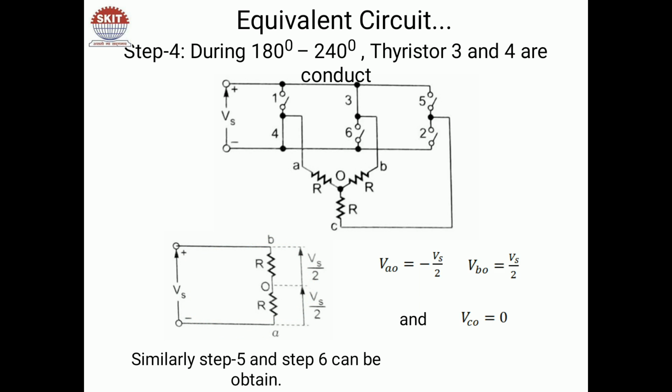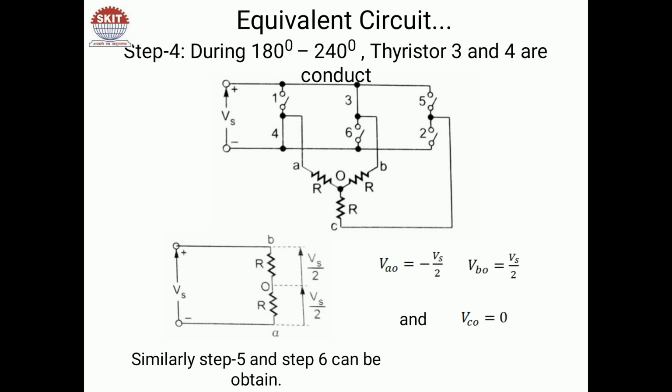As per the voltage divider rule, we observe the phase voltages: VA0 is minus Vs by 2, VB0 is Vs by 2, and VC0 is 0. Same thing we can do for 240 to 300 degree and 300 to 360 degree, and I am giving it to you for self calculation. You just do that.